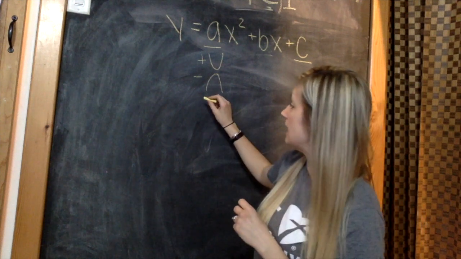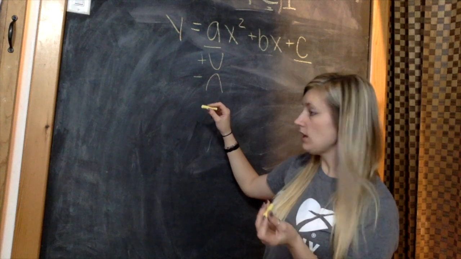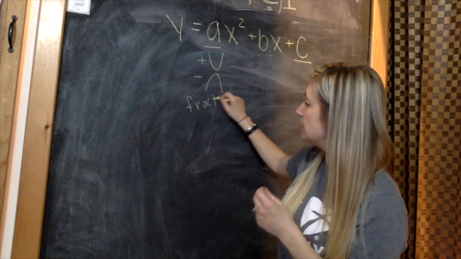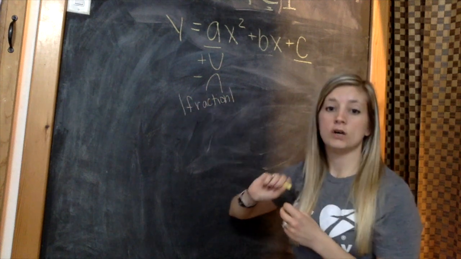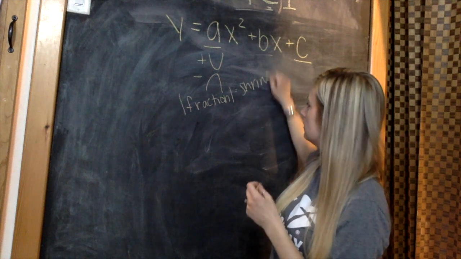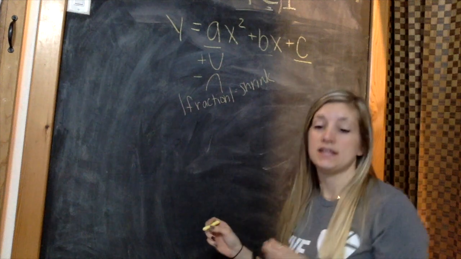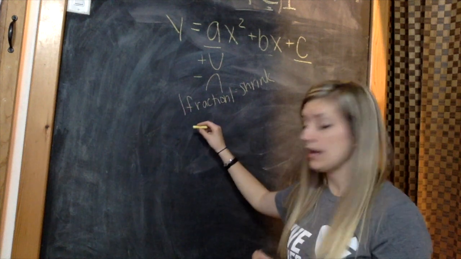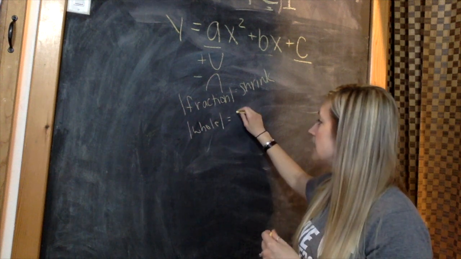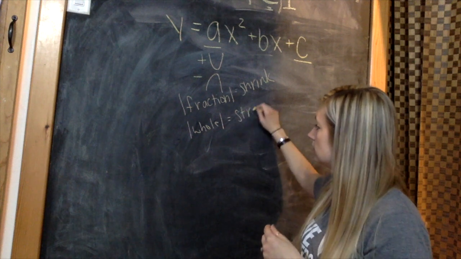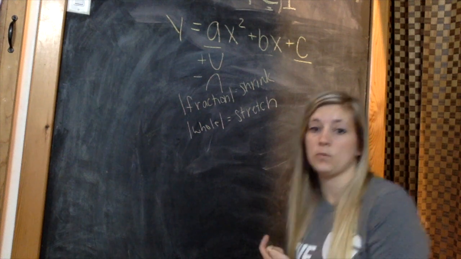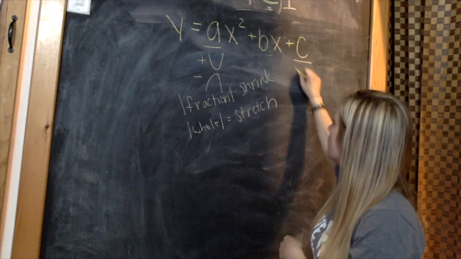Anything less than 1 and greater than 0, your fractions, is a shrink. Anything greater than 1, aka the absolute value of a whole number, is a stretch. That's everything that has to do with A, and then we talked about C. C is our y-intercept.